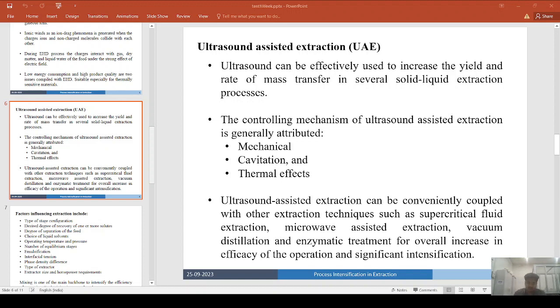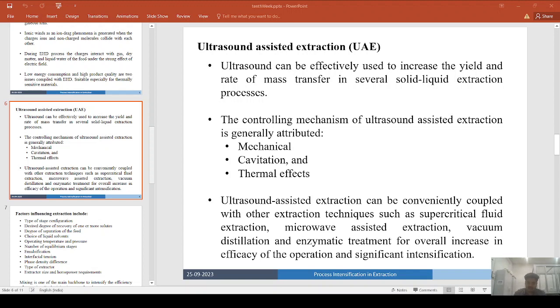Another example is the extraction of natural pigments from the rhizomes of Curcuma longa, done using an ultrasonic bath operated at 35 kilohertz. The yield of ultrasound assisted extraction was 3 times higher than the traditional method.